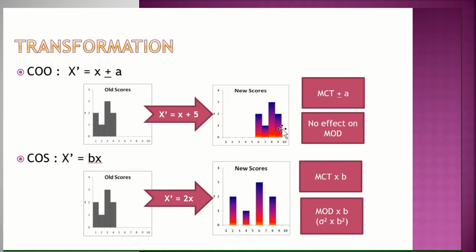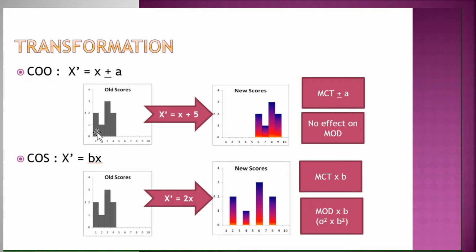Okay, when you transform, the transformation means what? You're changing it, you're transforming. So how are you transforming? There are two ways, whether you plus, minus, or you times or divide. So when you plus or minus something to your data, of course your data will change. Okay, your data will change in value, but what else will change? So let's take a look. This is your original histogram.